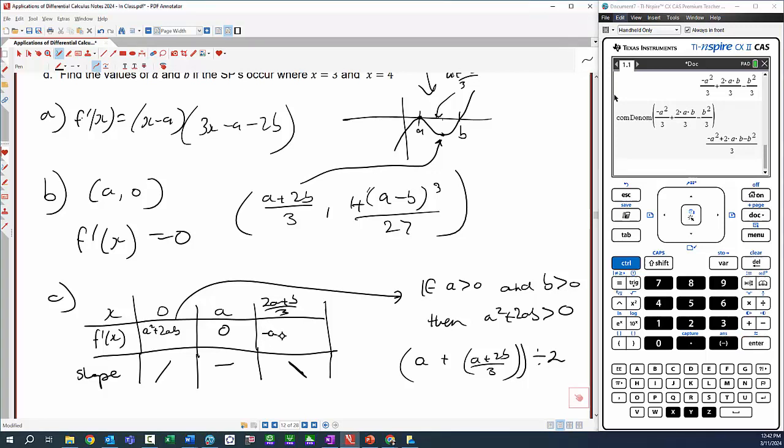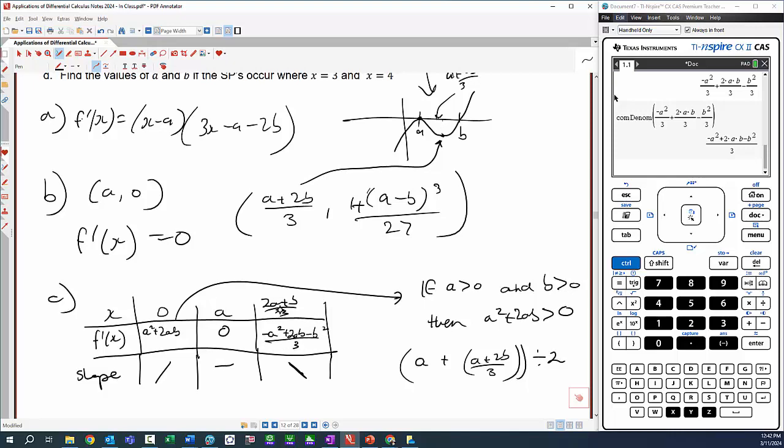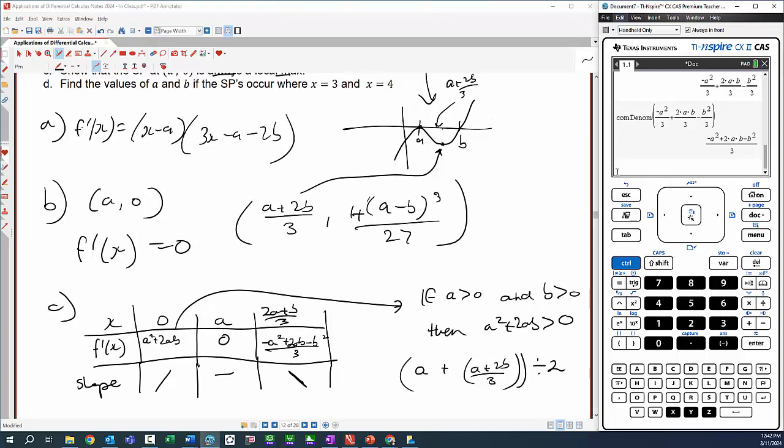Negative a squared plus 2ab take away b squared over 3. I wonder if that top line can be factored. Yeah, okay. Now let's write that down.